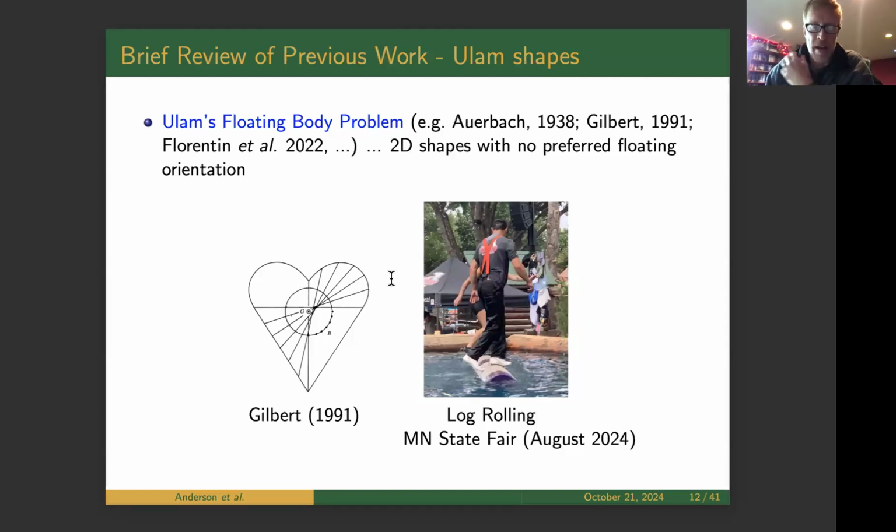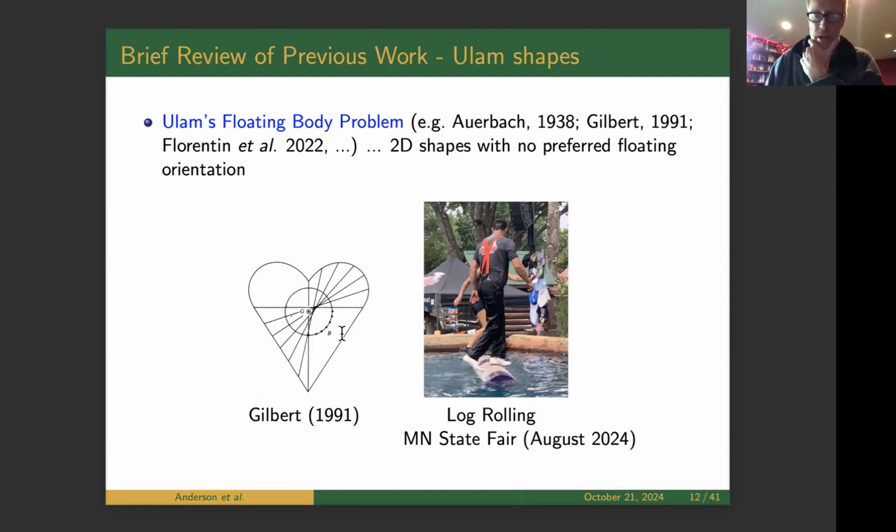Perhaps more curiously, there are other cross-sectional shapes that aren't circles that also have this feature of no preferred floating orientation. And this is one of them that was illustrated in a paper by Gilbert in 1991. I think this one has density ratio 0.5, so it's sort of half in, half out, but there's this curious notion that there's a non-trivial shape, but there's still no preferred orientation for floating of that object.